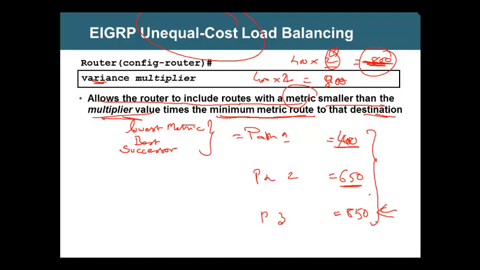Any route whose metric is less than 800 will be considered as a backup path. Which means this is qualified. Now both these paths will be seen in the routing table. Both these paths will be considered as a successor.